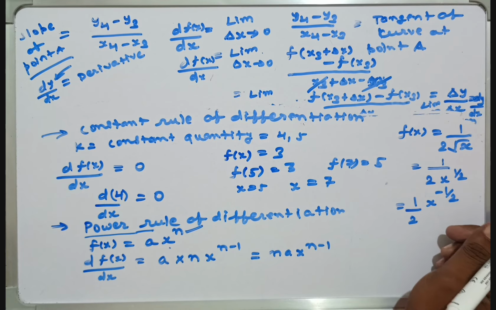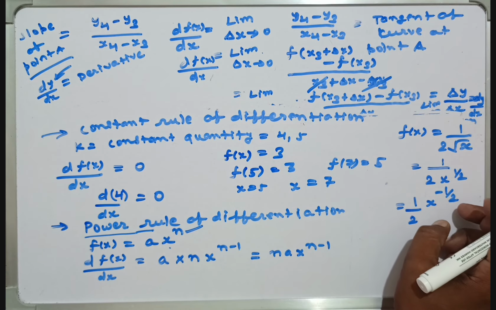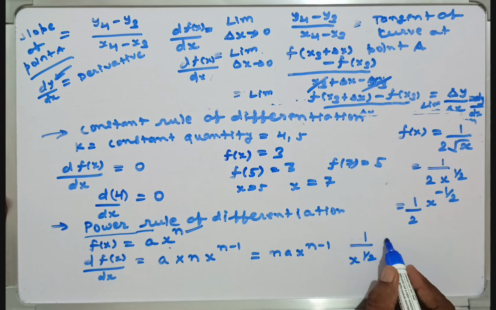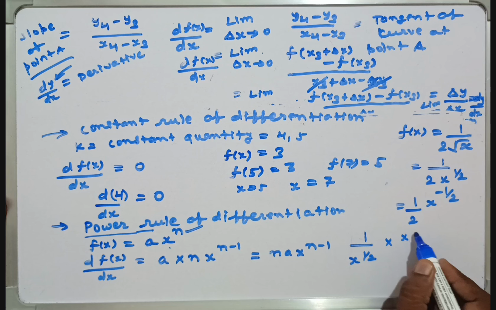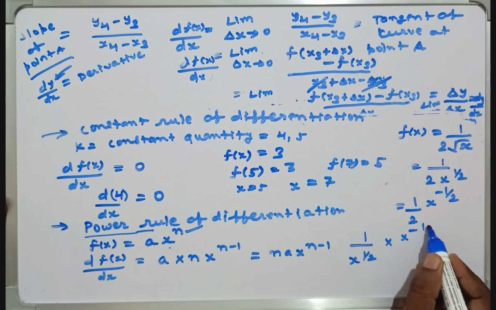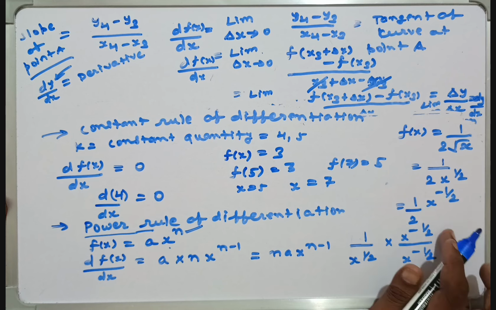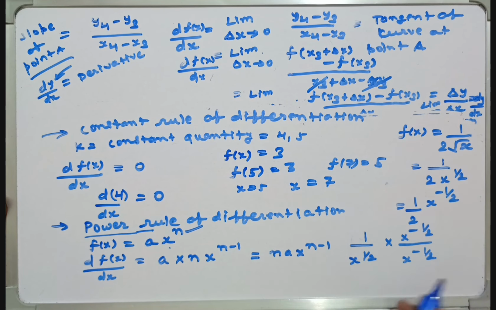How is this happening? You can see, suppose here we write it as this one. If we multiply x to the power of minus 1/2 in the numerator and also in the denominator, then this value is 1. So we can also write it as this one.